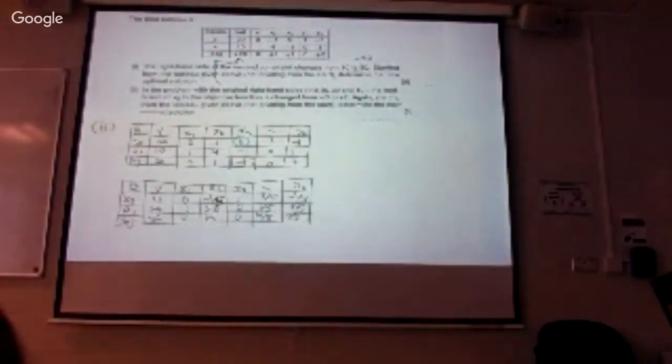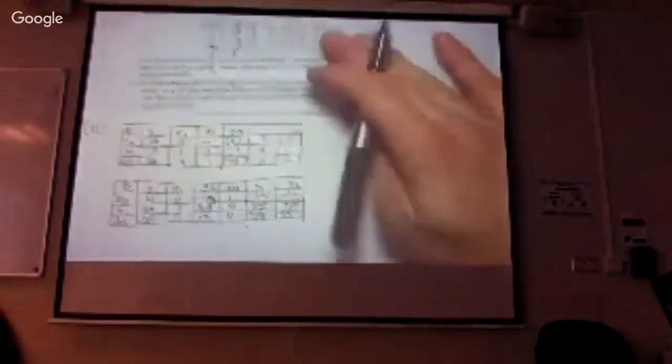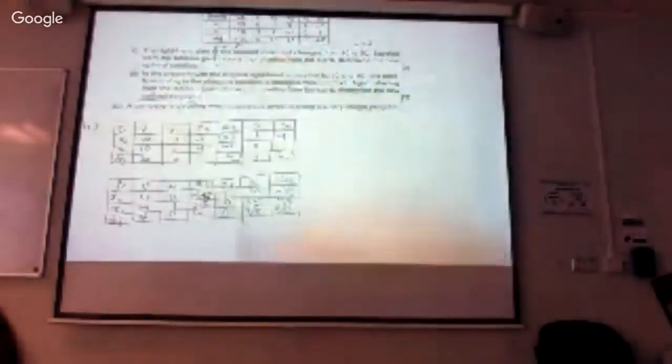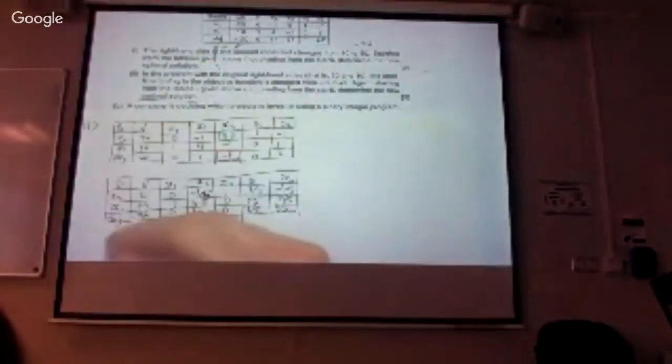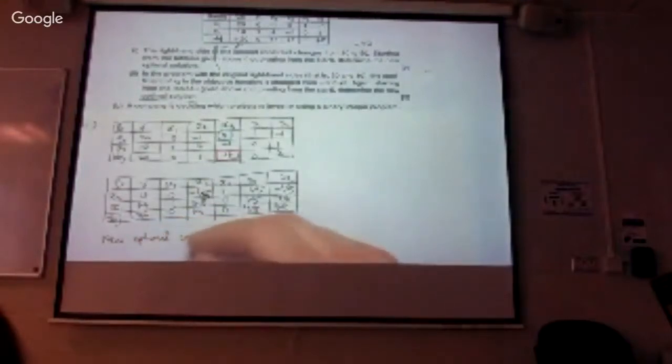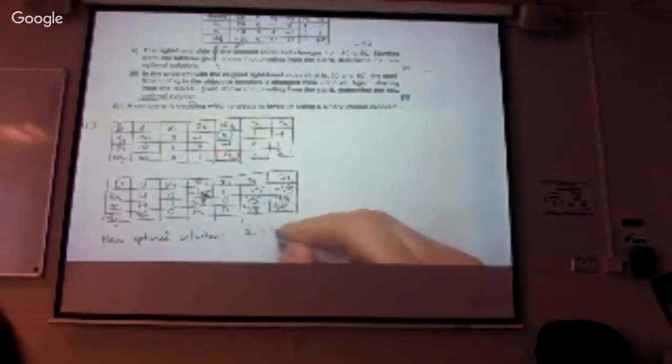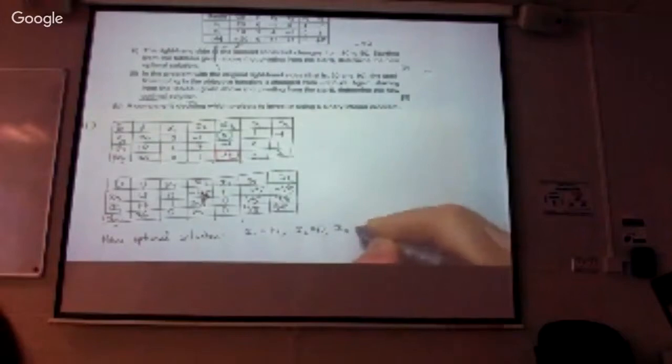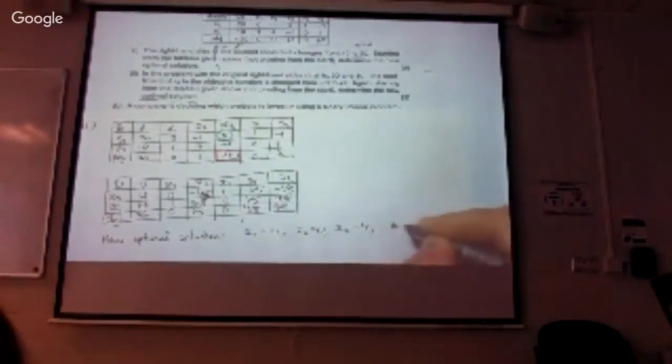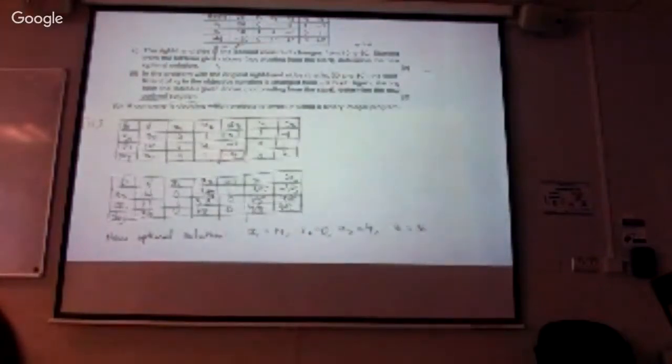So for completeness, because it says determine the new optimal solution, you should say new optimal solution. X1 is 14, X2 is 0, X3 is 4, Z objective is 36. Slack, I'm not too bothered.